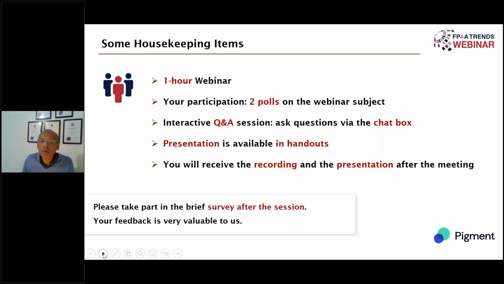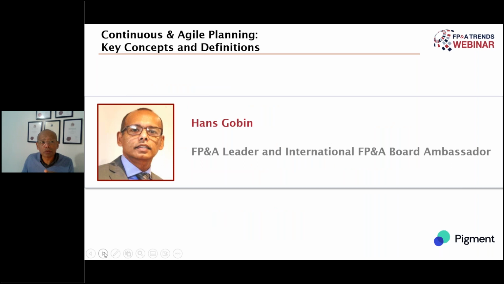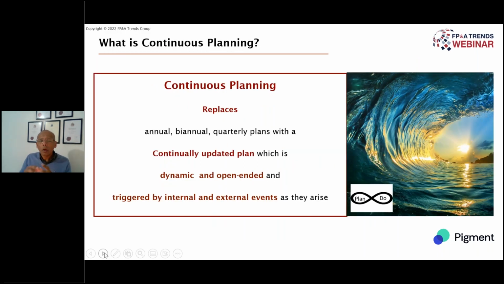So let me move on to very quickly introduce to you continuous and agile planning, the key concept. What is continuous planning and what happens with continuous planning? So really, for me, continuous planning replaces annual, biannual, quarterly plans with a continually updated plan, which is really dynamic, open-ended, and can happen at any point in time, triggered by internal and external events as they arise, as we have seen over the last few years.